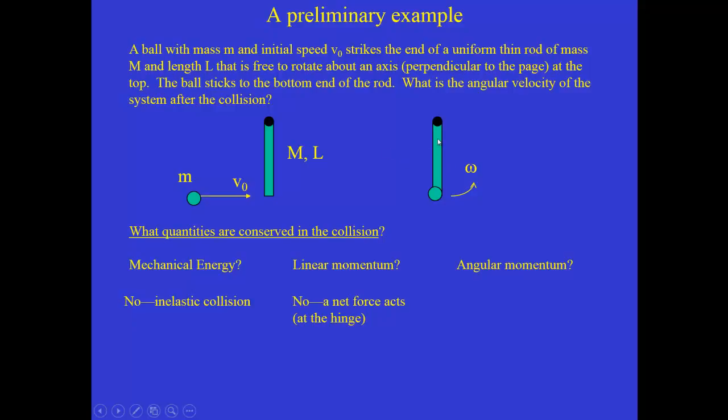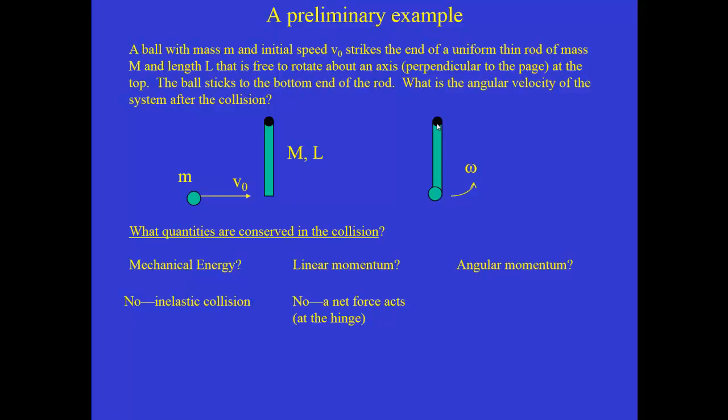What about angular momentum? The condition for angular momentum to be conserved is that the net torque is equal to 0. And we should be able to see that when this collision happens and immediately afterward, any force that's acting on that system is in the vertical direction. So gravitation supplies a force downward, the hinge provides a force upward on the rod, and both of those forces pass through the rotation axis immediately after the collision.